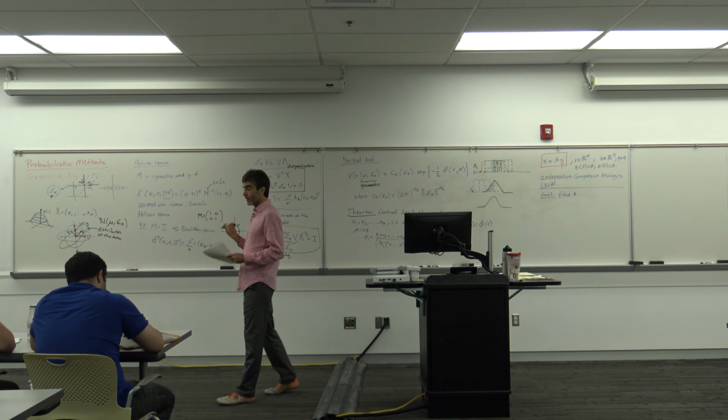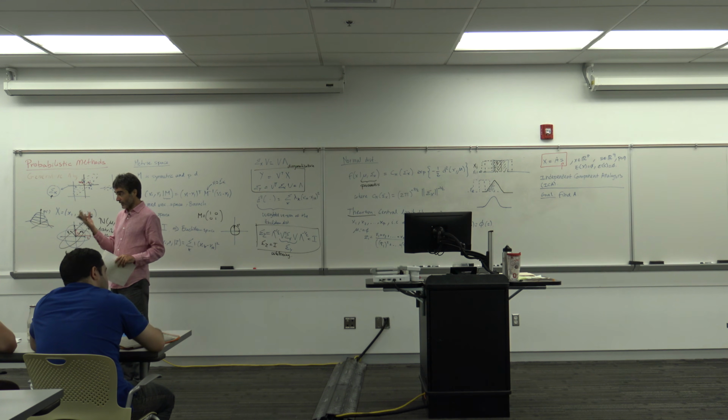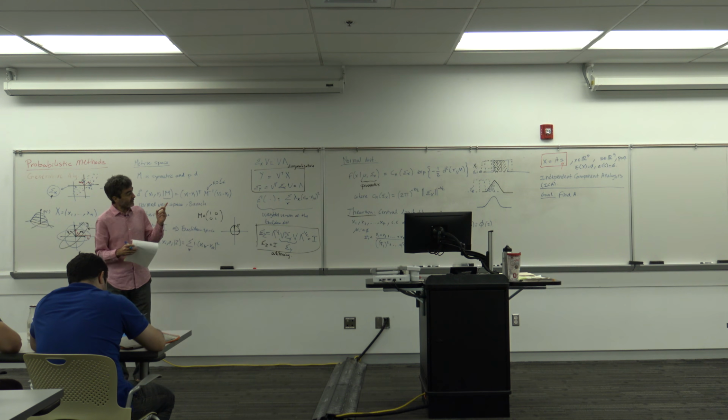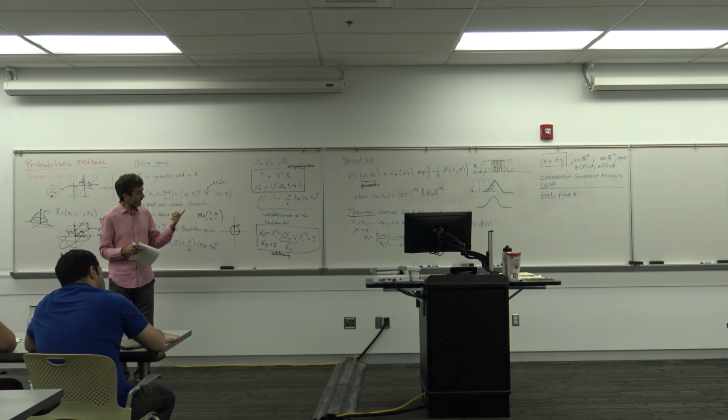A is unknown. Now, the underlying distribution of x is unknown to me, although from the central limit theorem, I can assume it's Gaussian. And the distribution of s is unknown to me as well. But from the central limit theorem, I can assume it is what? Gaussian?